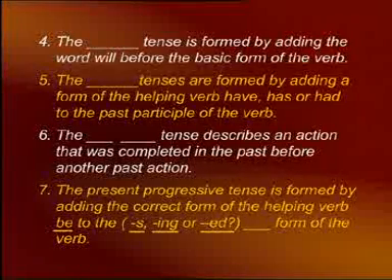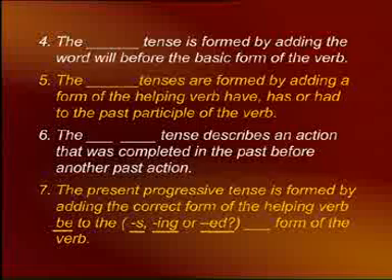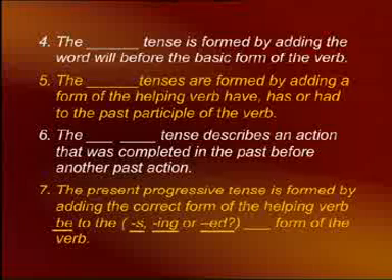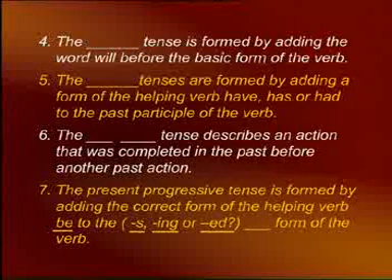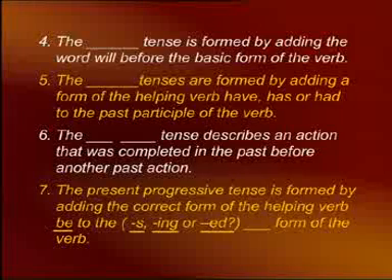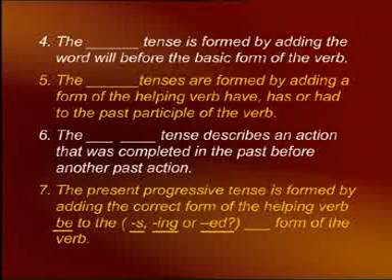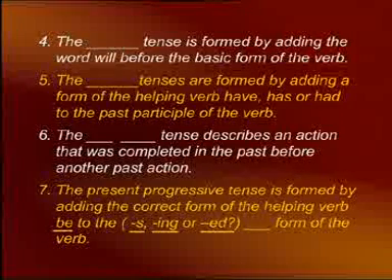Number 6, the dash dash tense describes an action that was completed in the past before another past action, and that would be the past perfect tense. And the last one, the present progressive tense is formed by adding the correct form of the helping verb be to the S form of the verb, or the ing form of the verb, or the ed form of the verb.